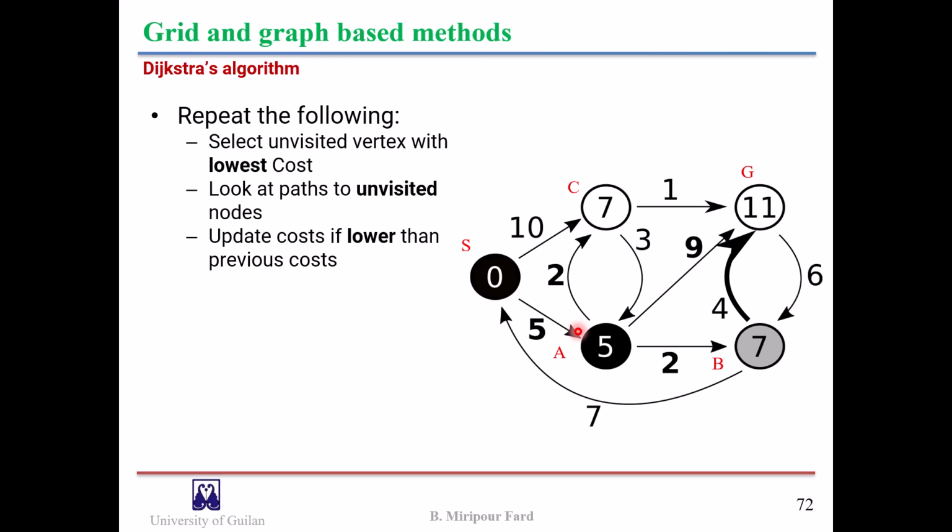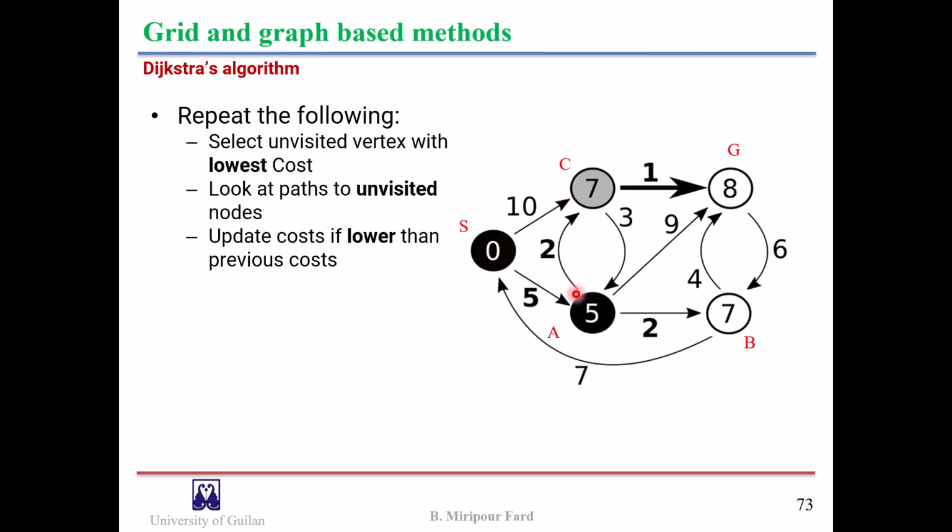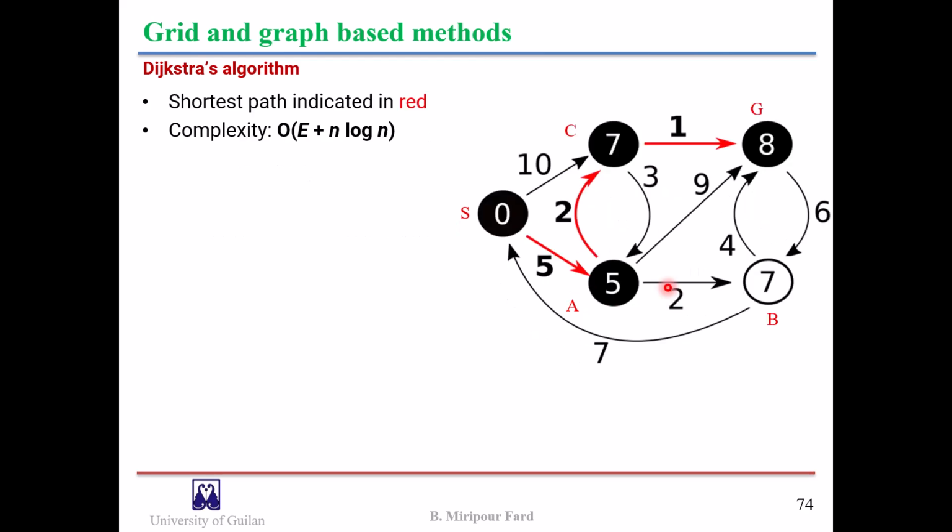And the shortest path is to go through C, as you can see here, because the total cost will be 8. The nodes A and C are selected, and we can finally obtain the red path that shows the shortest path from S to G, and the total cost of this path is 8.